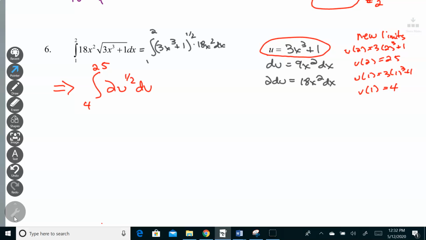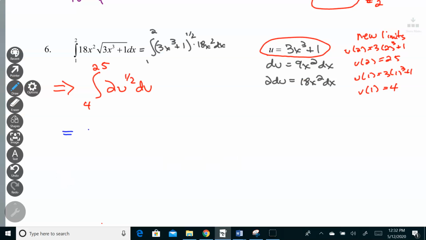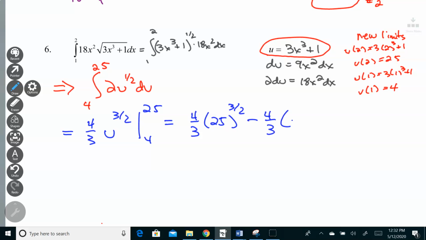What's really nice is that when I take its antiderivative, it's still going to be u to the 3/2, so it's going to be 4/3. I could plug in 4 and 25, and when I plug in my upper and lower, it's going to be 4/3 of 25 to the 3/2 minus 4/3 of 4 to the 3/2.